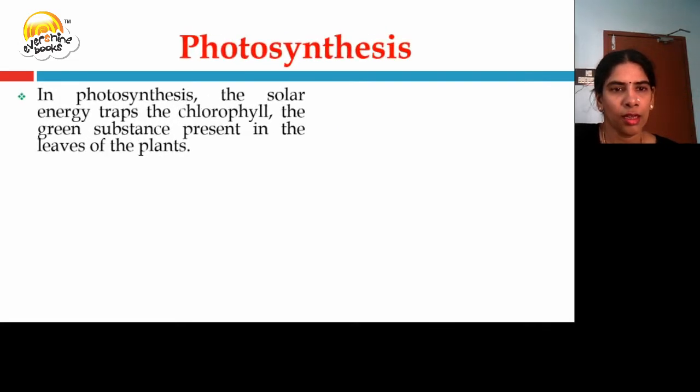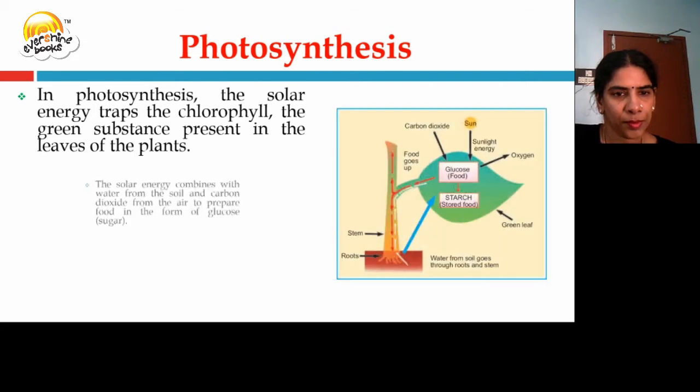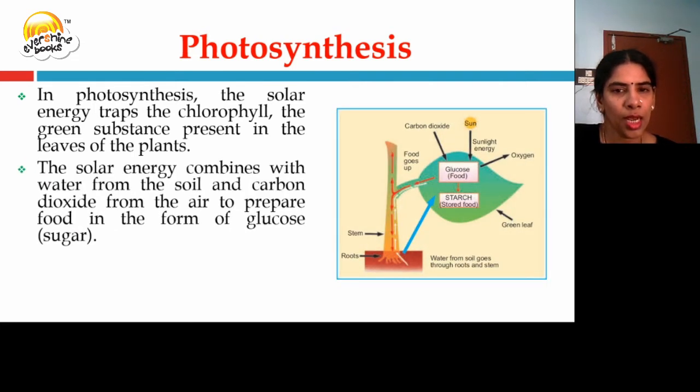Photosynthesis. In photosynthesis, what happens? The solar energy gets trapped by the chlorophyll. The chlorophyll is nothing but a green substance which is present in the leaves of the plants. The solar energy combines with water from the soil and carbon dioxide from the air to prepare the food in the form of glucose.